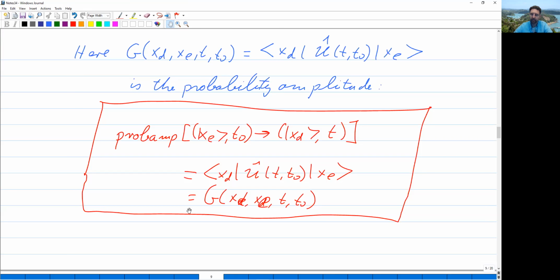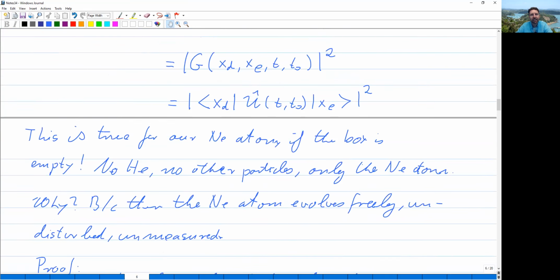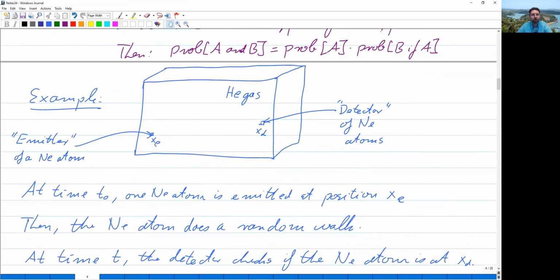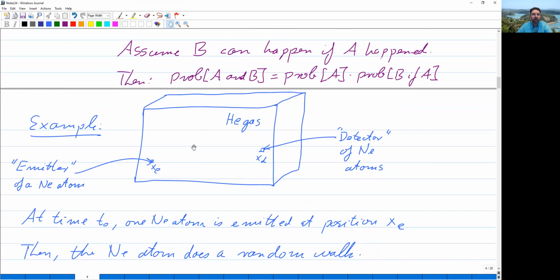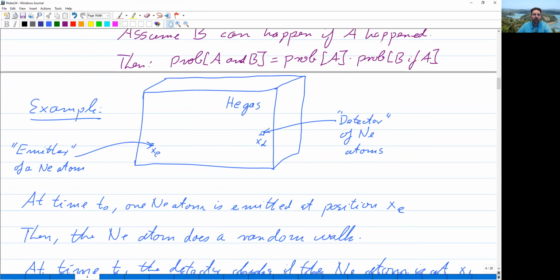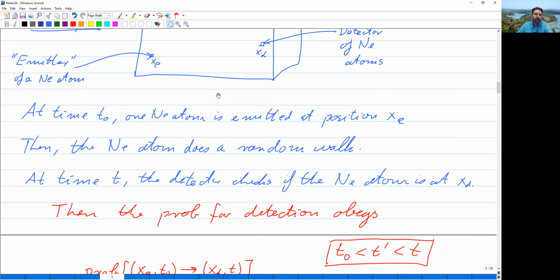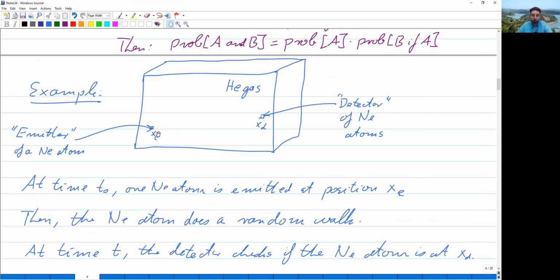All right. Now, let us again consider an intermediate time. Remember, in the case where the box was filled with helium gas, we said we don't know how to calculate the probability for the neon atom to diffuse by being kicked around by the helium atoms from this location to that location in a particular time interval.